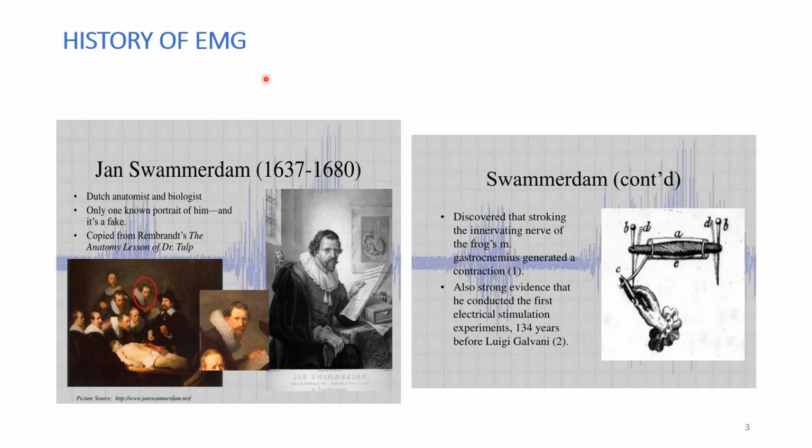The history of EMG. John Swammerdam, between 1637 and 1680, was a Dutch anatomist and biologist. He started to work on this. He discovered that stroking the innervating nerve of a frog's gastrocnemius muscle generated a contraction.